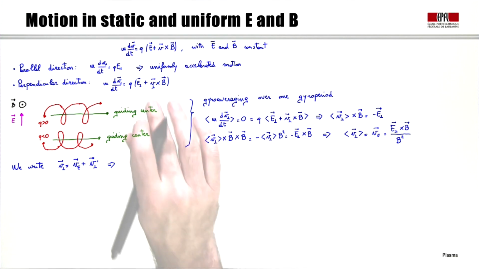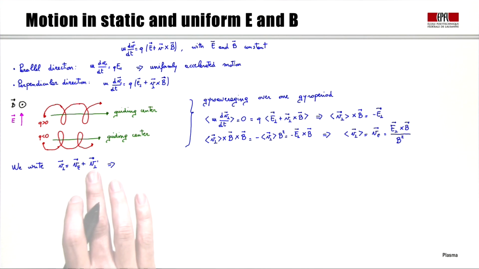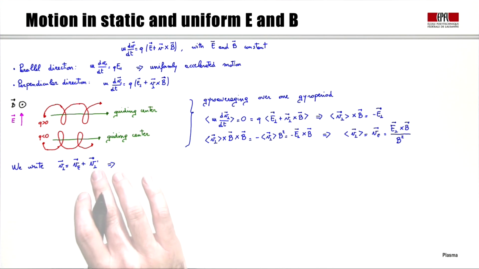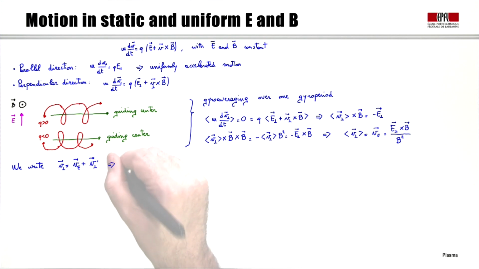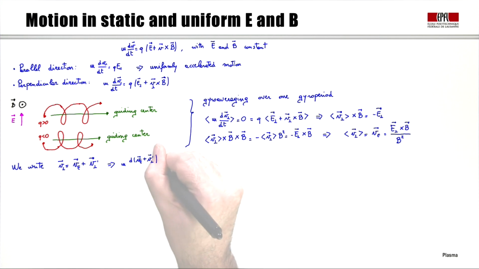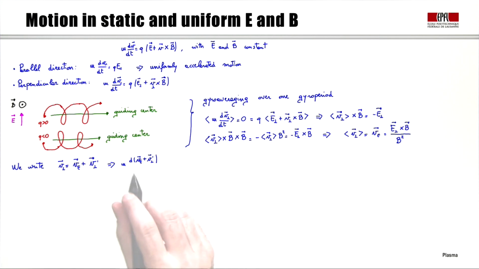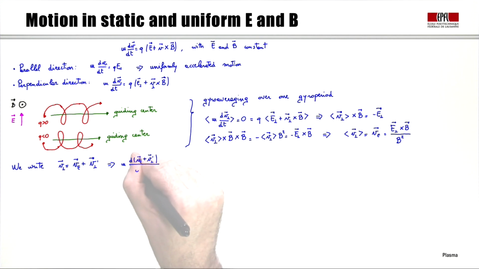Okay, what is the equation that V prime perp is subject to? Well, we can rewrite the Newton equation that we have written here in terms of VE and V prime perp, and this will be equal to m, the derivative of the perpendicular velocity, expressed in terms of these two quantities, with respect to time.